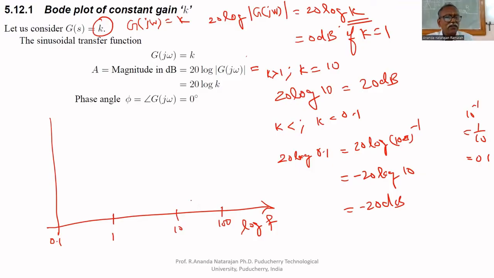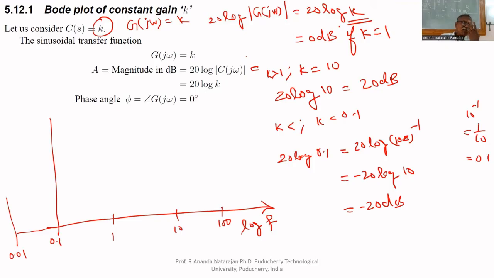So a fold of 10. What will be there before that? 0.01. Before that, 0.001. It never reaches 0 because log 0 is undefined.